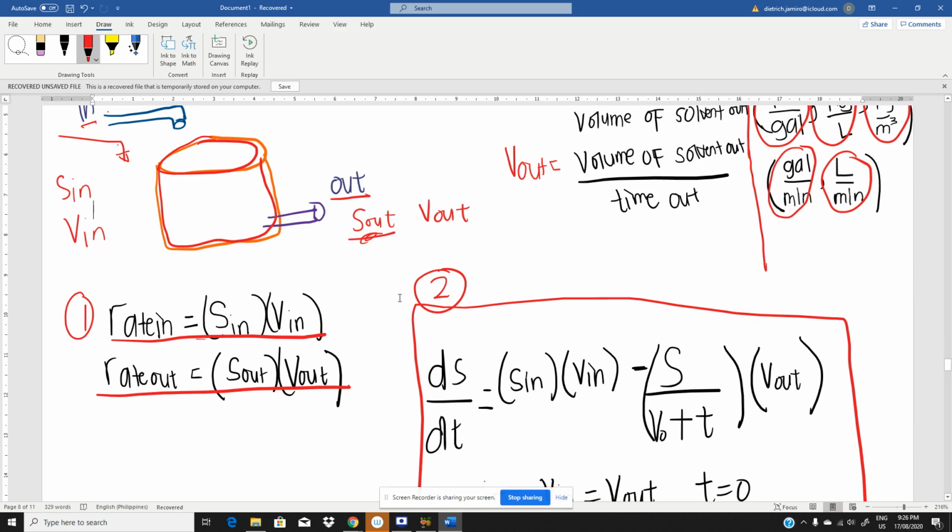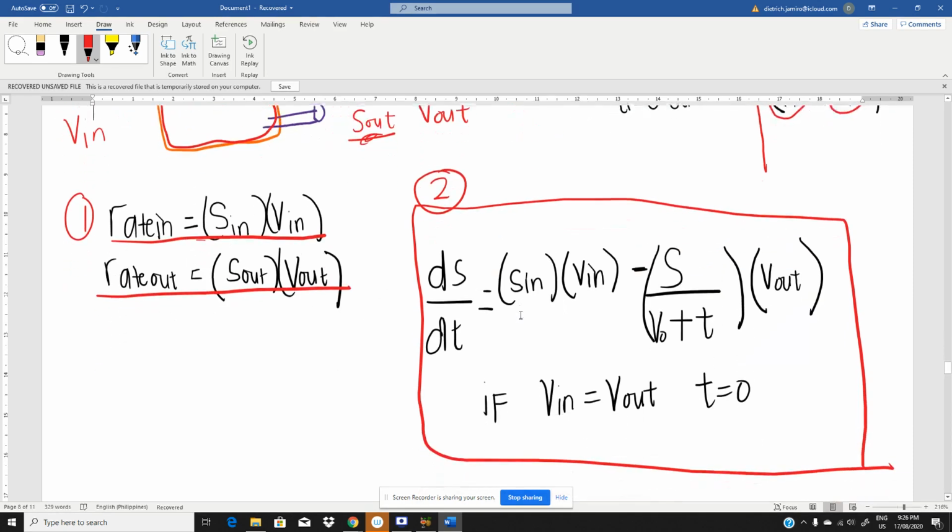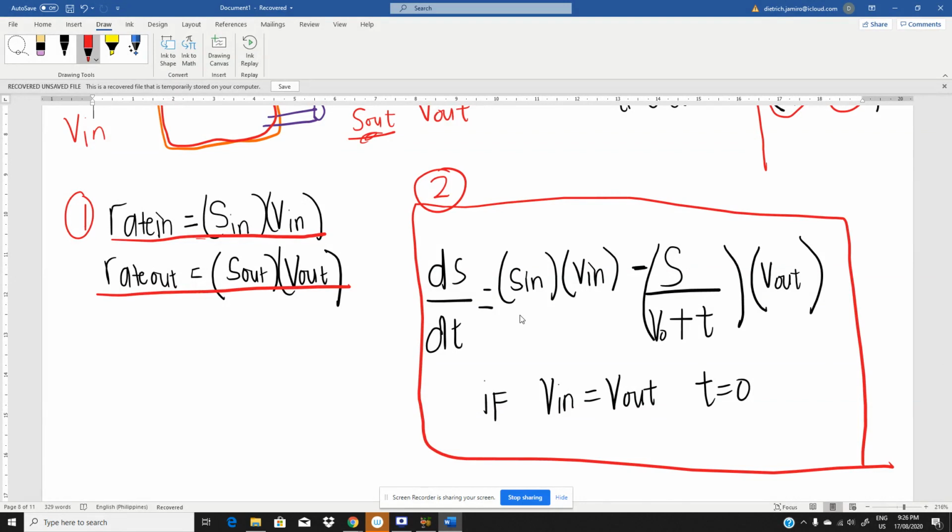So substituting into our equation, we will have our general formula. We will use this formula, equation 2. So we have dS over dt is equal to S in multiplied by V in minus S over V sub O plus t, multiplied by V out, where V sub O is the initial volume of our container.